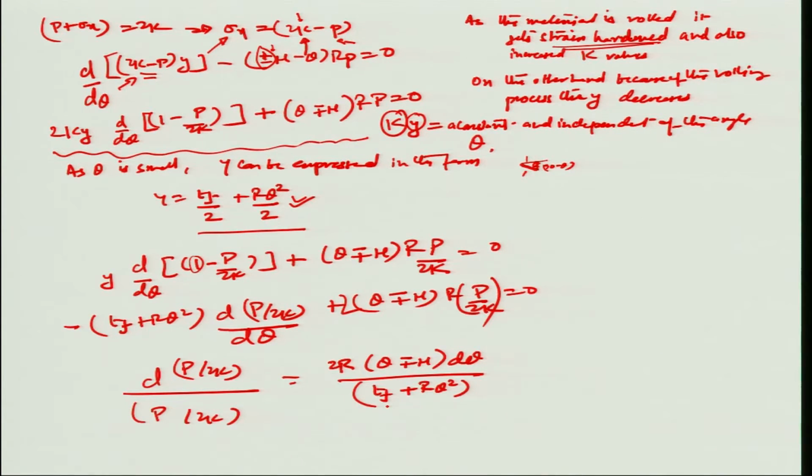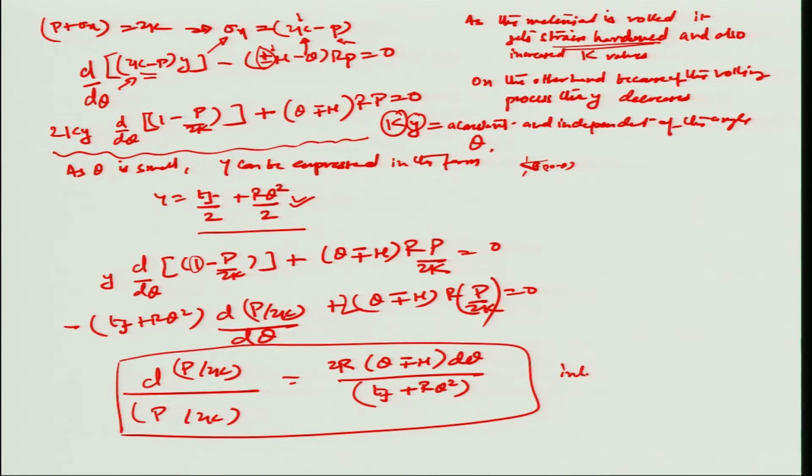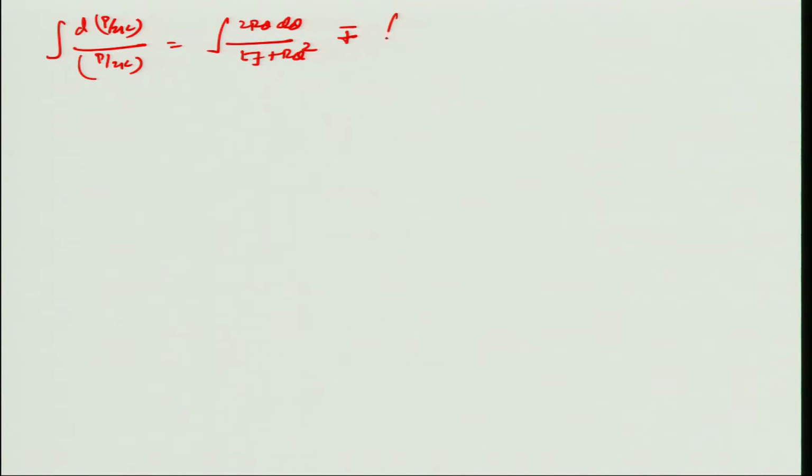So if we were to integrate this final form for the solution, in the next step we are left with the integral of dp by 2k by p by 2k equals the integral of twice r theta d theta by Tf plus r theta square, one component, minus plus the integral of twice r mu d theta.